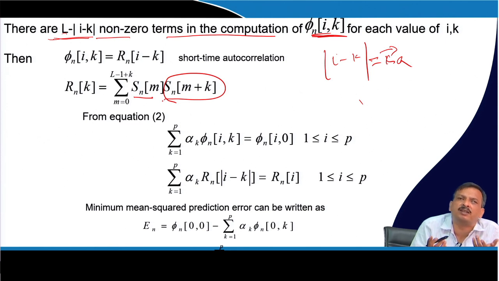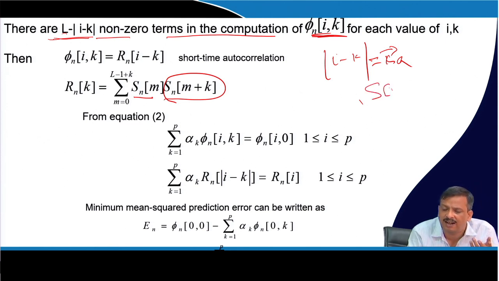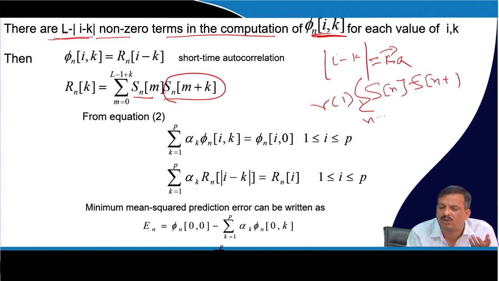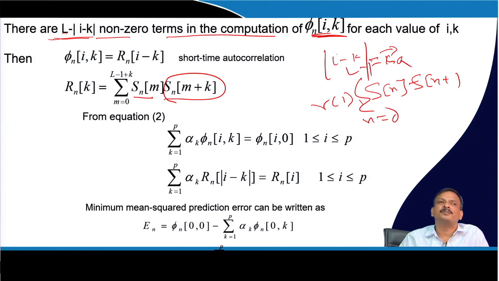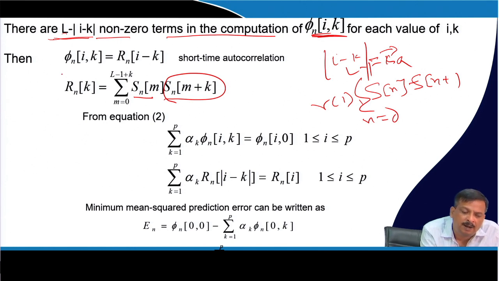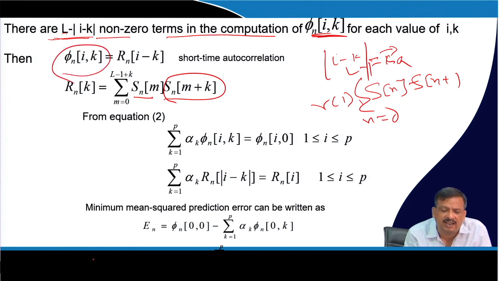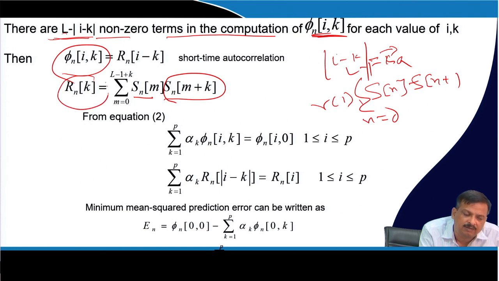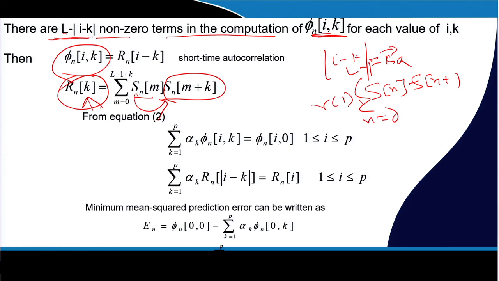So what is the correlation? Correlation R(k) is equal to the sum of S_n(m) into S_n(m plus k), with m varying from 0 to L minus 1. So I can say phi ik is nothing but an autocorrelation. Why is it autocorrelation? Because the signal correlates with itself. So phi ik can be replaced by an autocorrelation value.